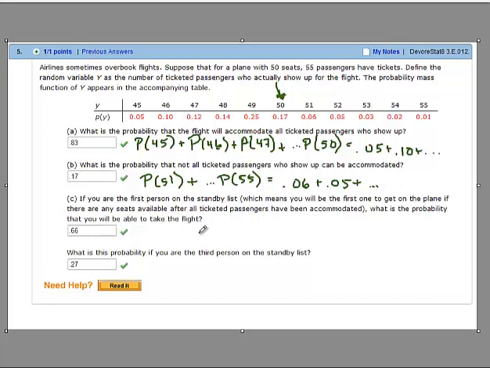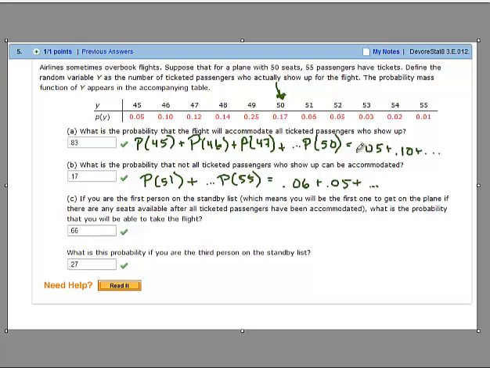C question says, you're the first on the standby list, which means that you'll be the first one to get a seat on the plane. So, okay, I guess that means 49 or under show up. You will get a seat. So it would be probability of 45 plus 46 plus 47.